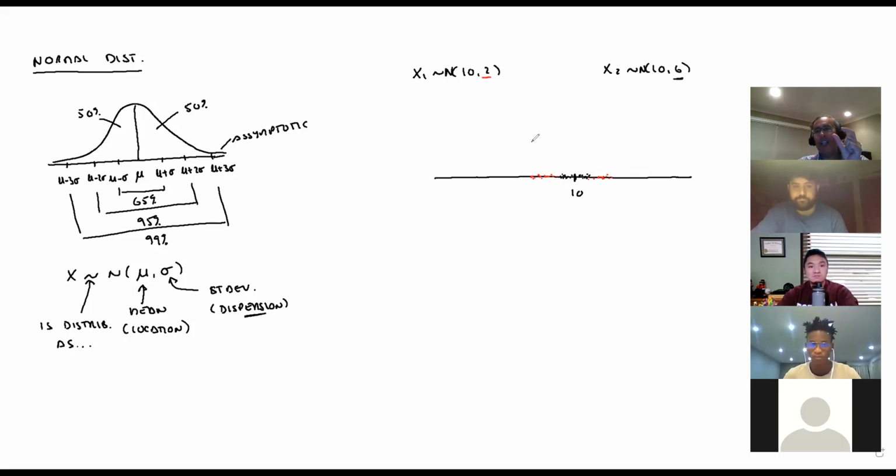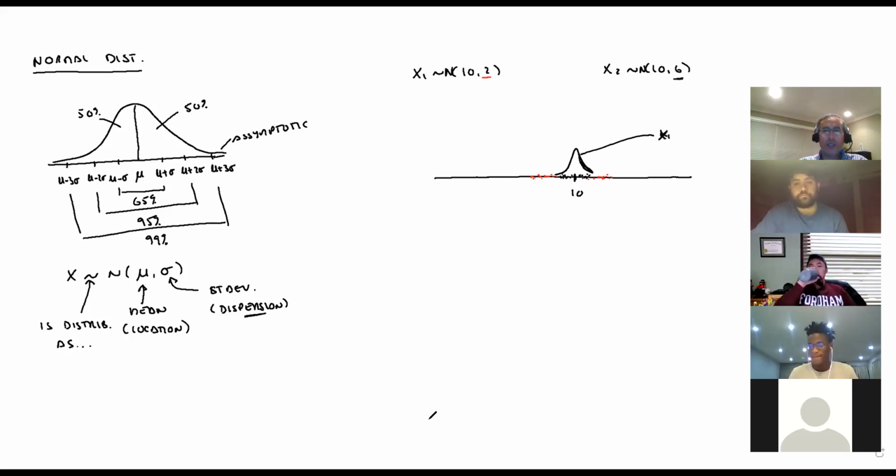Okay, the smaller the standard deviation, the thinner the distribution. The larger the standard deviation, the wider the distribution. Okay, so basically my 10-2 should be perhaps something like that. Very thin. It should be, of course, guys, symmetric, okay? And so this should be x1.